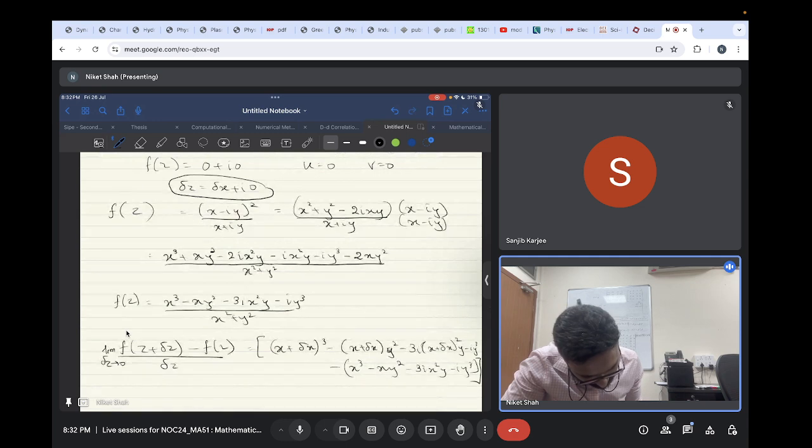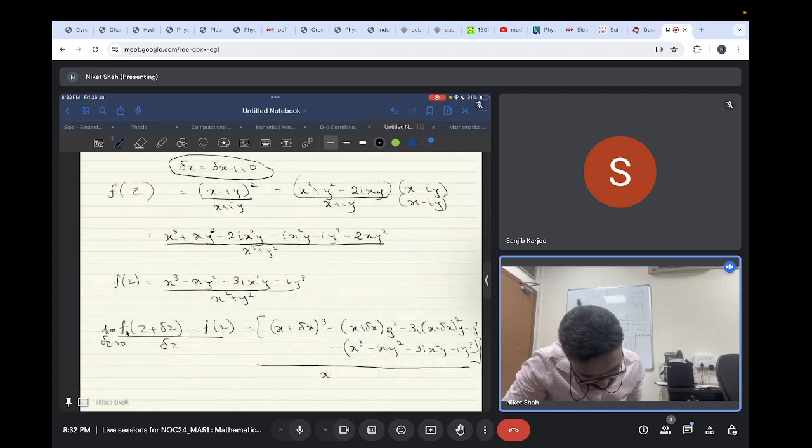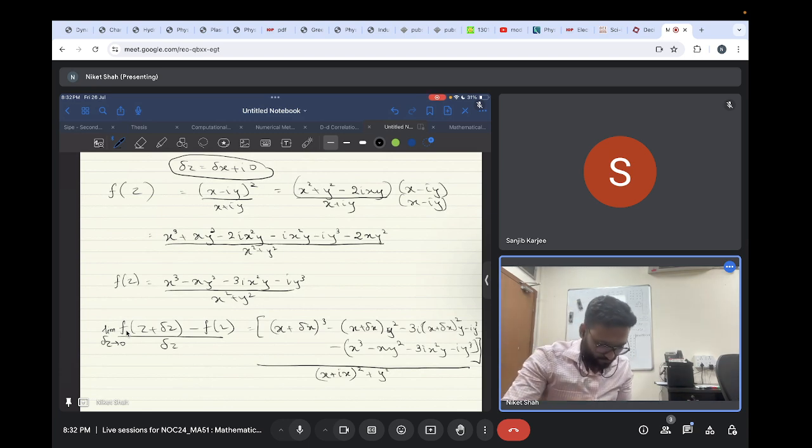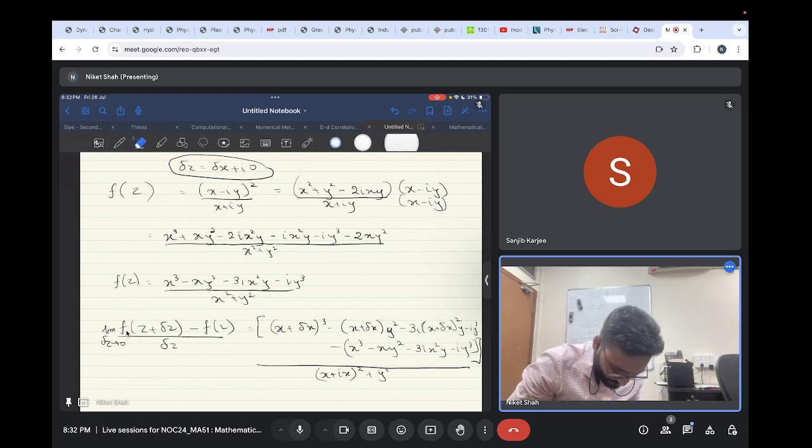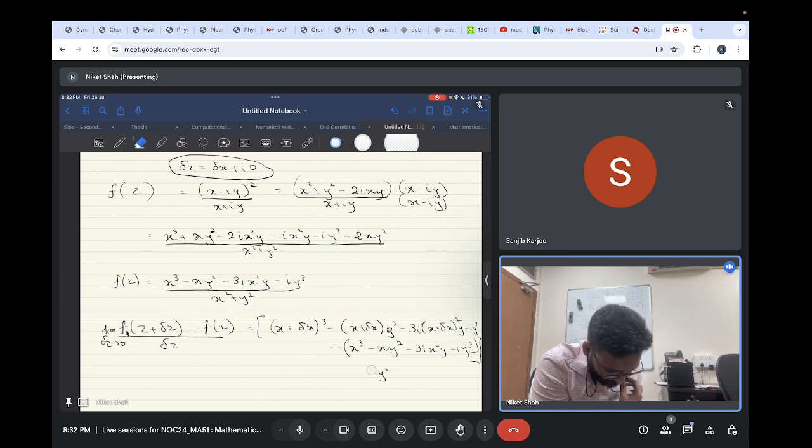This is the whole expression. This whole divided by x plus ix the whole square plus, oh no, I made some mistake, of course.